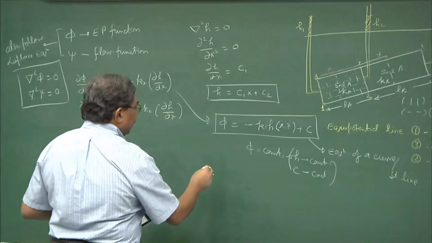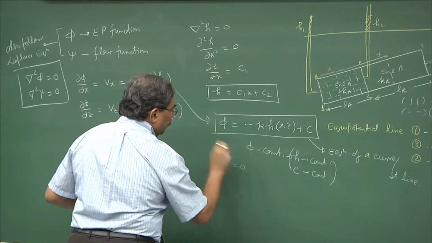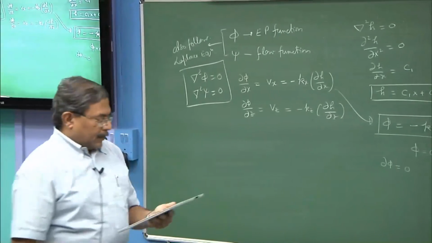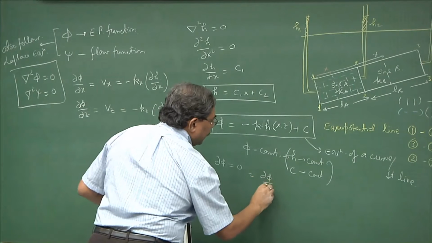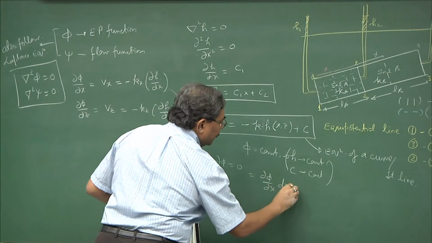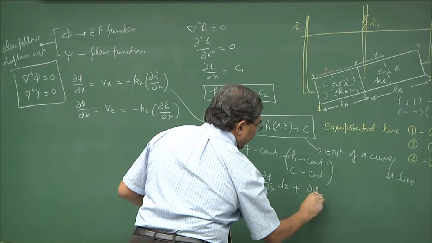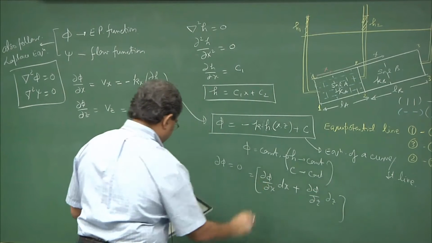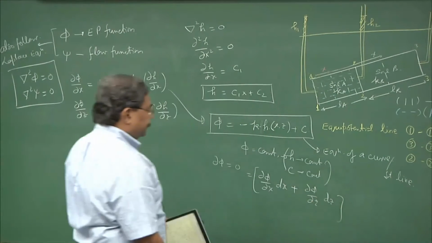If this is the situation, I can say that d phi will be equal to 0, and d phi can be written as del phi by del x into dx plus del phi by del z into dz, sorry.